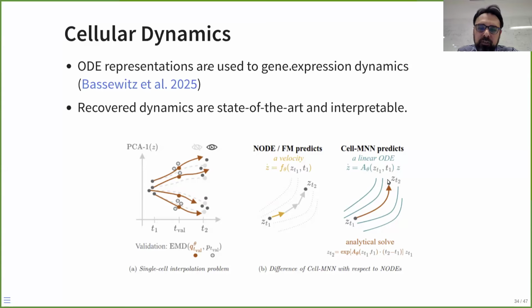This is slightly different from the approach that I mentioned before, because in this case we don't use a differentiable solver. We predict the matrix A, and then we just solve this analytically. But the idea is the same: we have differential equation representations representing data, and we can compare it against neural ODE methods, and we do much better than the neural ODE methods, and this is also more interpretable.